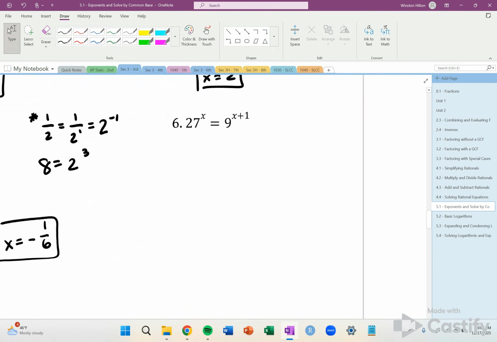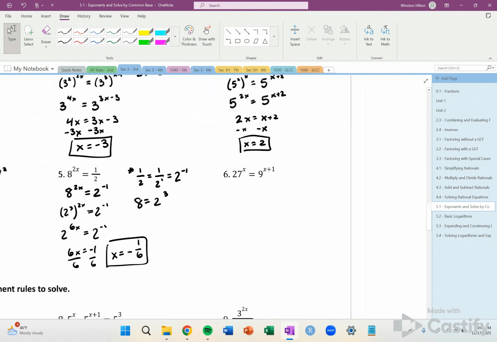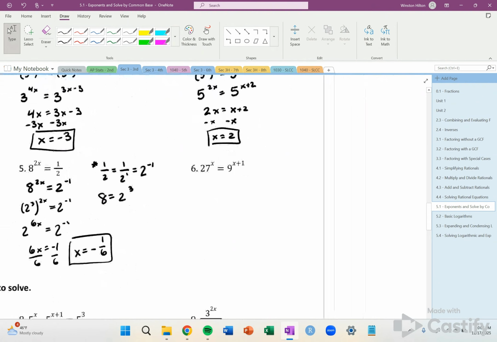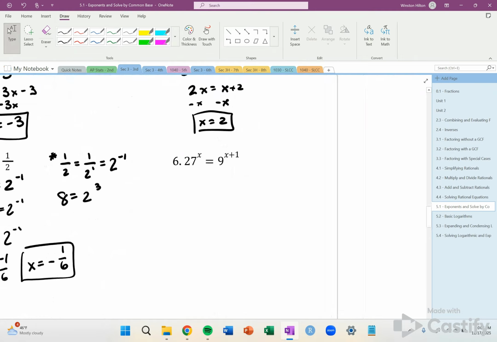Example 6. Same idea as before. But here we need to change both sides. We can rewrite the 9 as 3 squared and the 27 as 3 cubed. So this becomes 3 cubed to the power of x equals 3 squared to the power of x plus 1.